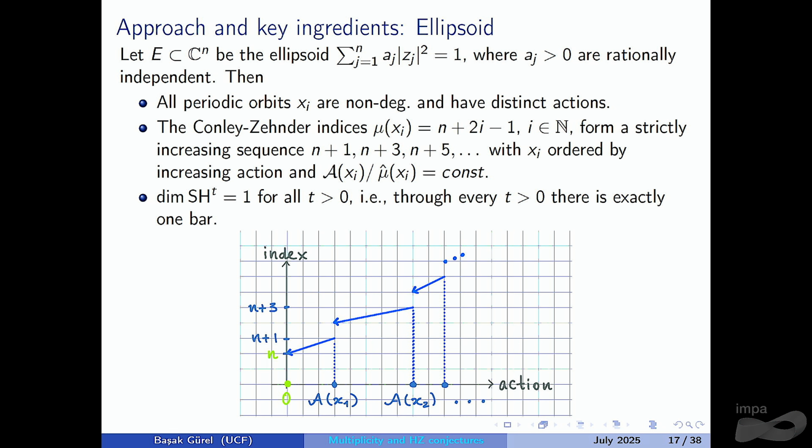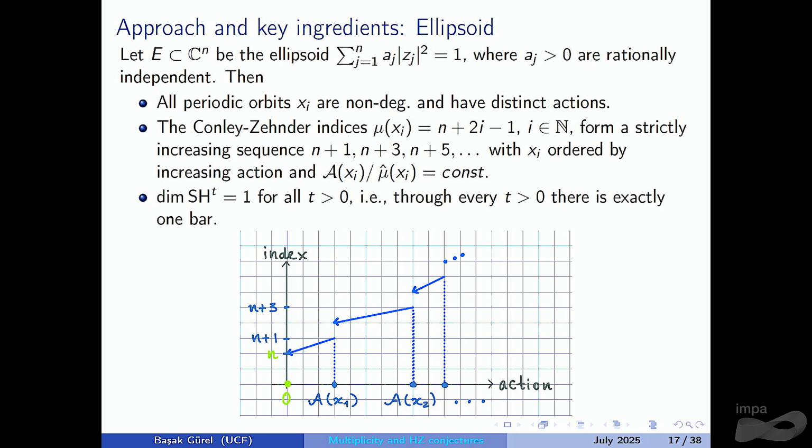So here's the picture of the ellipsoid. Again, this is exactly the picture that Victor described to us yesterday: a non-degenerate irrational ellipsoid. These are the indices. They are lined up in increasing order, and the ratio of the action to the mean index is constant.